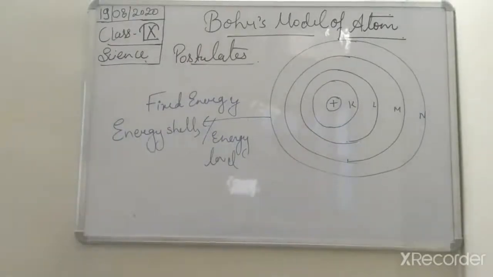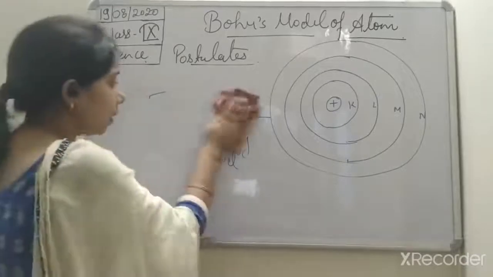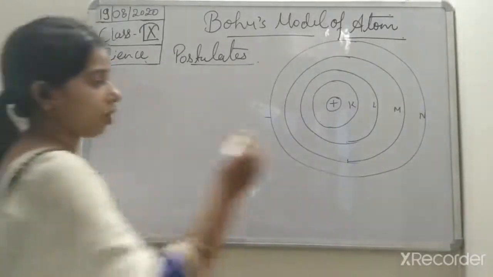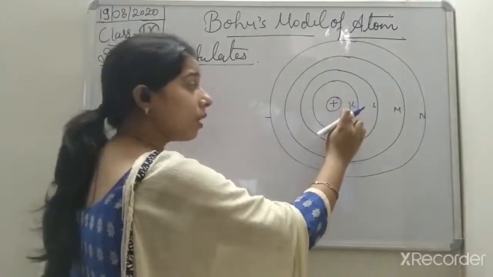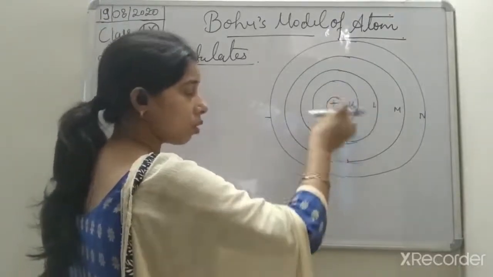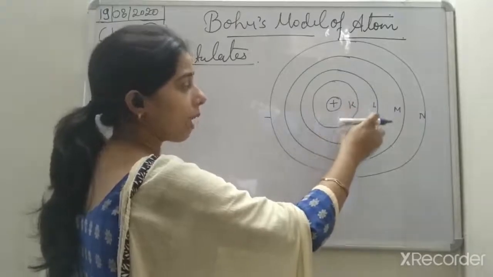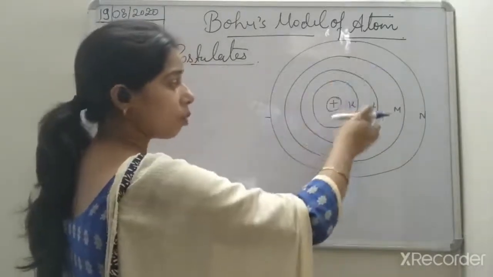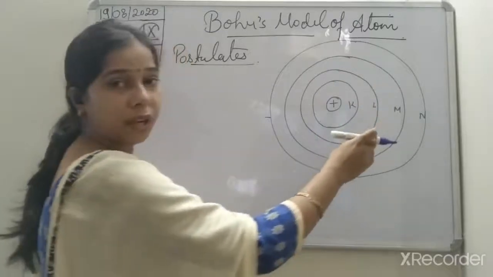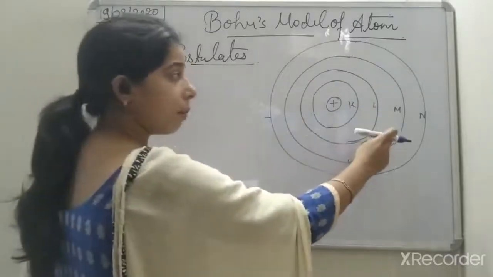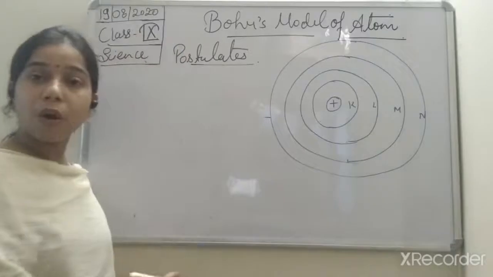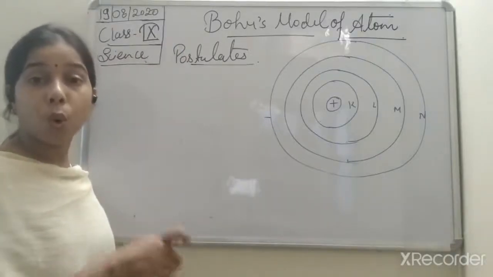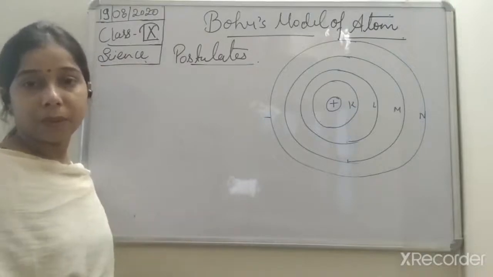Now the energy also, it means that if this is the first orbit, if this is the K energy shell, this orbit's energy will be different from that of the L orbit. The energy of the L energy shell is different from that of the M, and same thing with the N. So they all are having different energy, or we can say they all are having their own fixed energy.